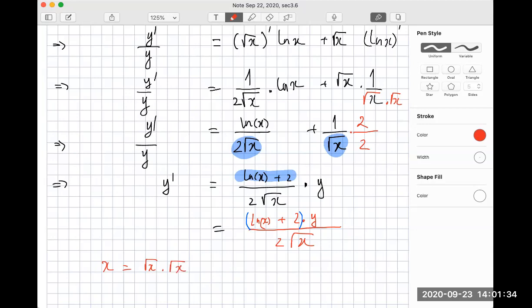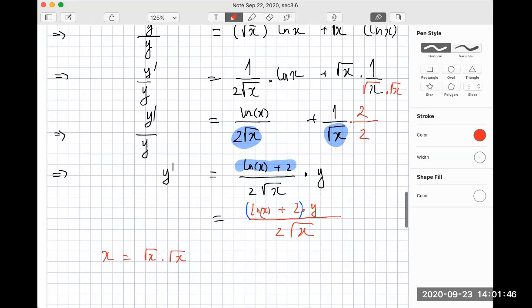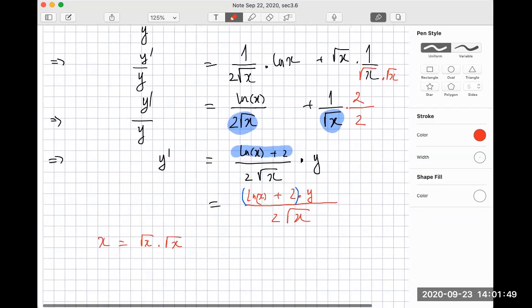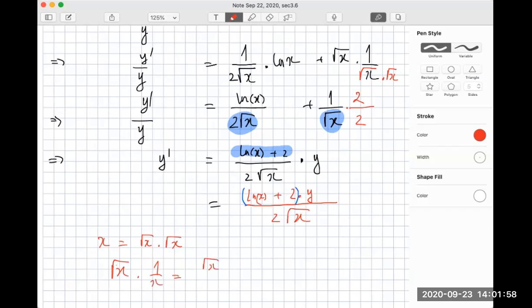So I'm wondering why it wouldn't be the square root of x over 1 times 1 over x, and it would end up being the square root of x over x. That is correct. You're right. There's nothing wrong there. So square root of x times 1 over x is square root of x divided by square root of x times square root of x, or square root of x divided by x. I agree. That is right.